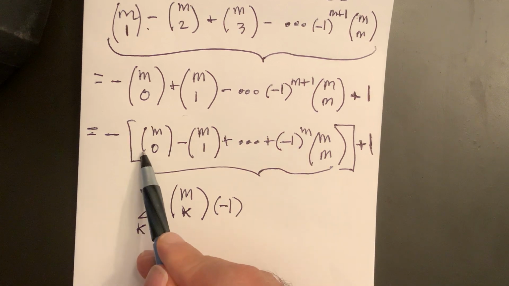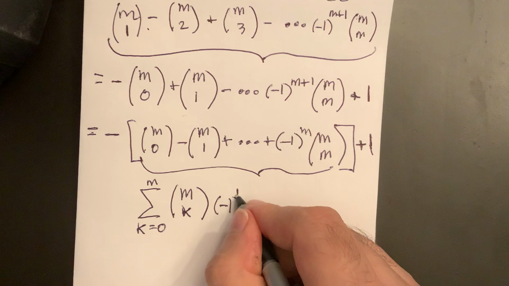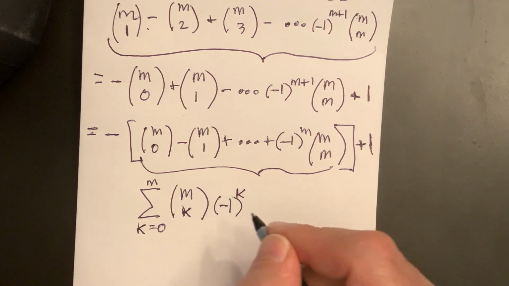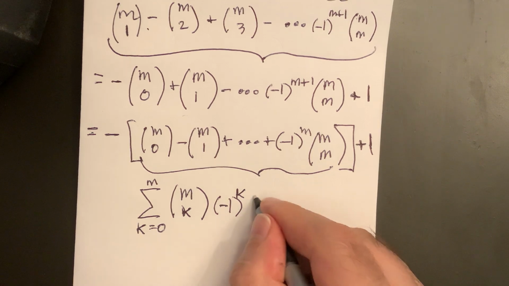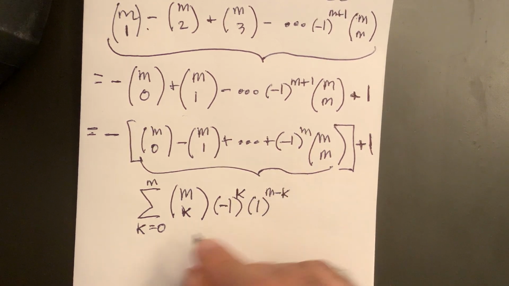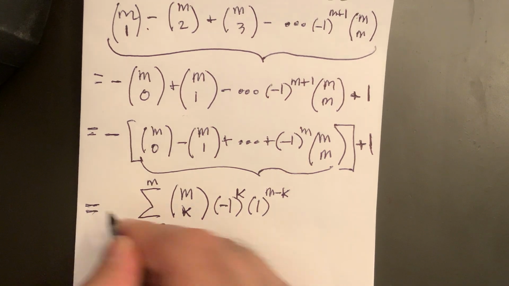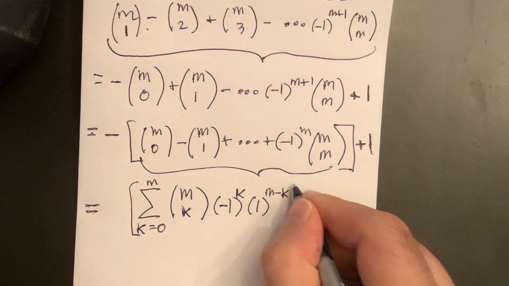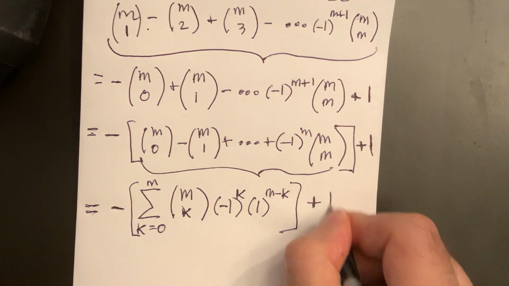So I want it positive now. I'm not counting this minus sign. So I'm going to have minus 1 to the K and plus 1 to the M minus K. This will do it, right? This will give me this. So this whole thing is equal to minus this plus 1.